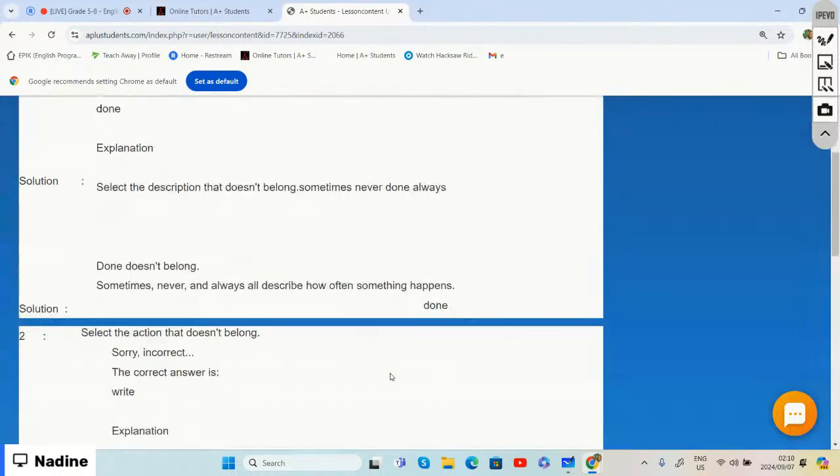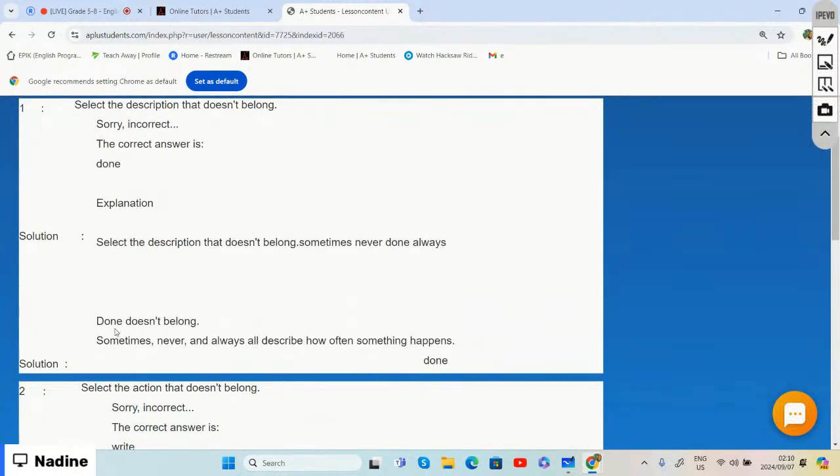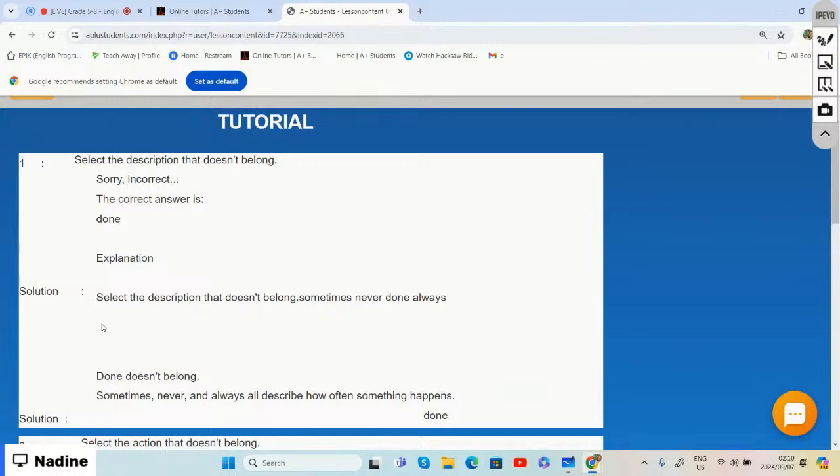All right, and if we look at this word here, it says we need to select the description that doesn't belong, right?